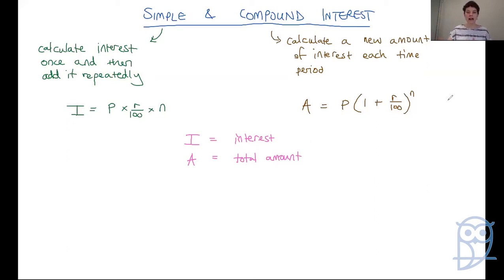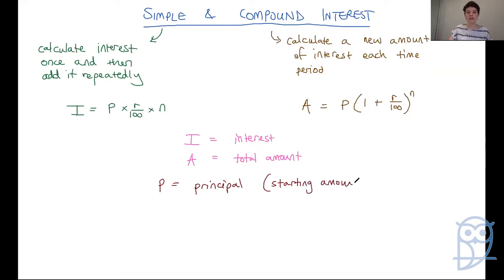Okay, so let's just have a look at what all these Ps, Rs and Ns represent, and then we'll go into why that is quite so important. So for both of them, we have P, which is the principal, which is your starting amount.